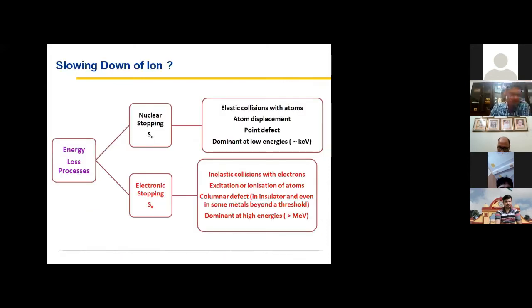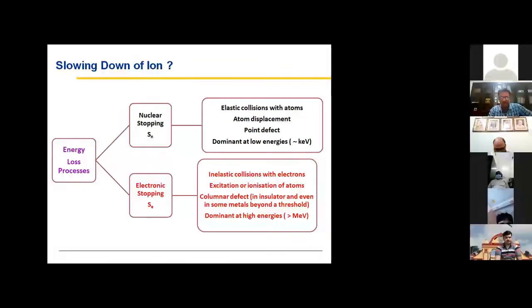Okay, so for students, this one shows how the ion is losing its energy. I will not go into detail. If the energy of the ion is kilo electron volt, then elastic collision will dominate because the energy of the ion is very low. So it will transfer energy to the nucleus, and then a point defect is created.